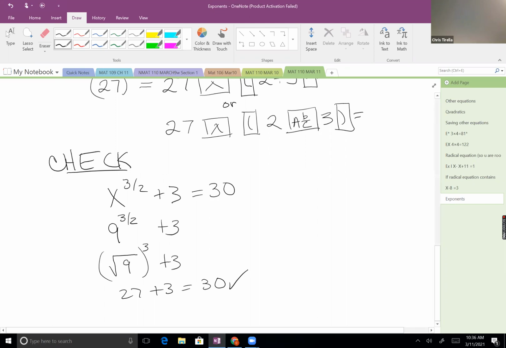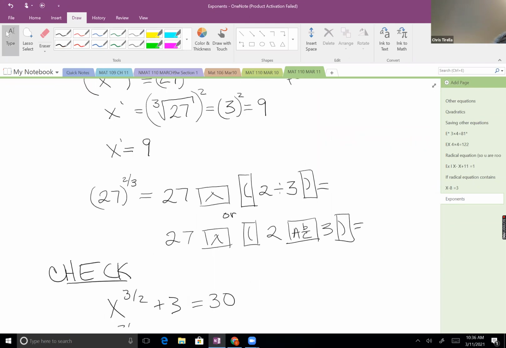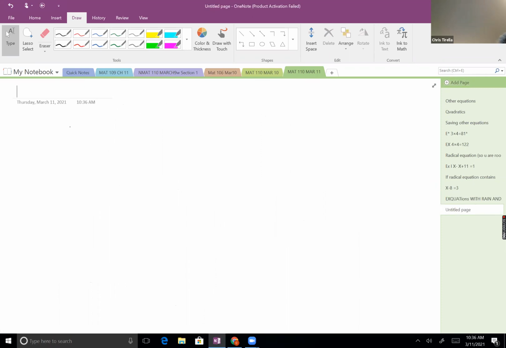But I'm guessing that these probably can get a little bit more complicated. So let's look at a more complicated example, unless somebody still has a question on this one. Not hearing any? Let's look at (x plus 5) to the 2/3 minus 4 equals 0.